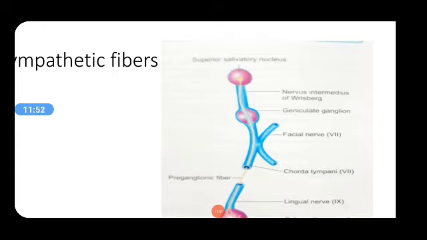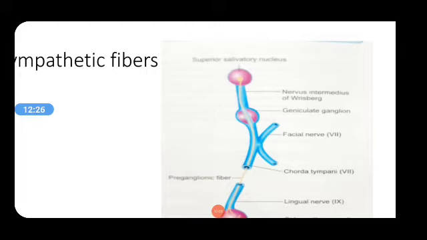First, the parasympathetic preganglionic fibers. What is a ganglion? That is a group of nerve cell bodies. Preganglionic means the nerve fibers present before the ganglion. The parasympathetic preganglionic fibers to the submandibular and sublingual glands arise from the superior salivary nucleus, which is situated in the pons.